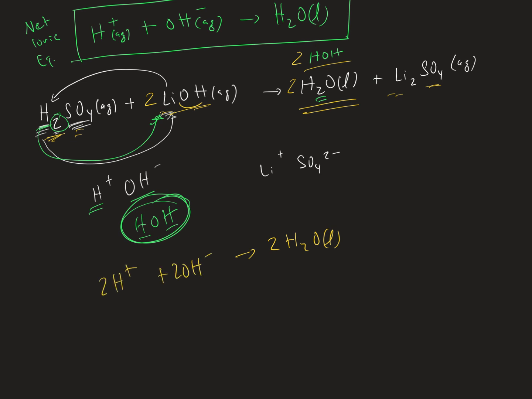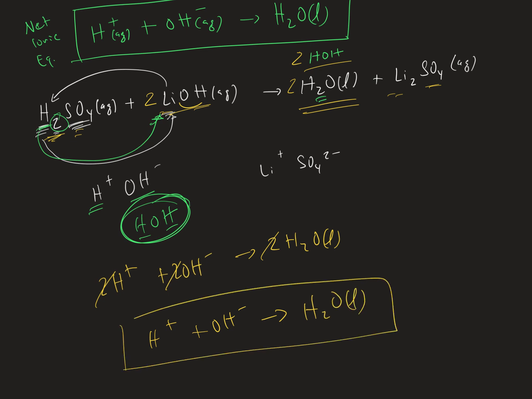Is that as simplified as far as it goes? Can I just get rid of those twos? So it looks like we didn't need a balanced system, but no big deal. What do you notice? In all neutralization reactions, what is the net ionic equation? That one right there. Always that.